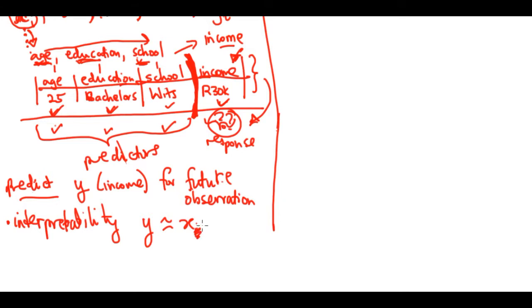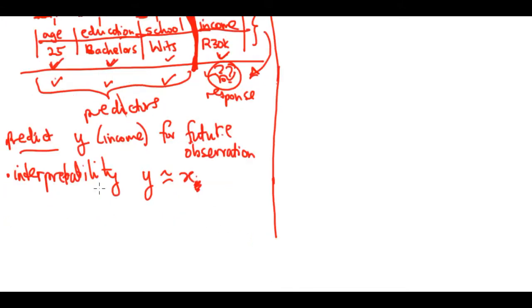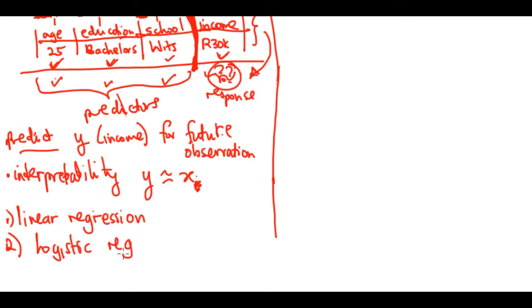So examples of supervised learning techniques: we can do linear regression. Linear regression is definitely supervised learning, because we are regressing the y, or the income, on these x's that we already have. Second, we haven't discussed some of these, but logistic regression is another supervised learning method.